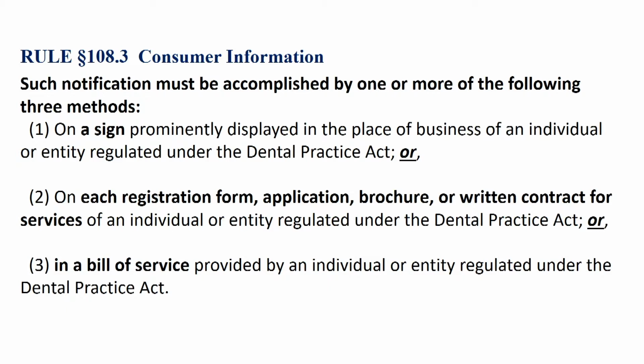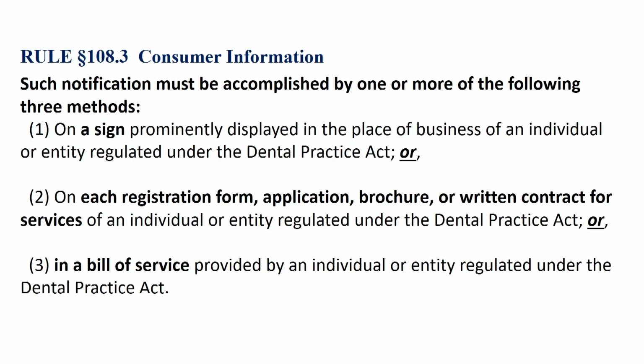Or, number two, on each registration form, application, brochure, or written contract for services of an individual or entity regulated under the Texas Dental Practice Act. Or, number three, in a bill of service provided by an individual or entity regulated under the Dental Practice Act.